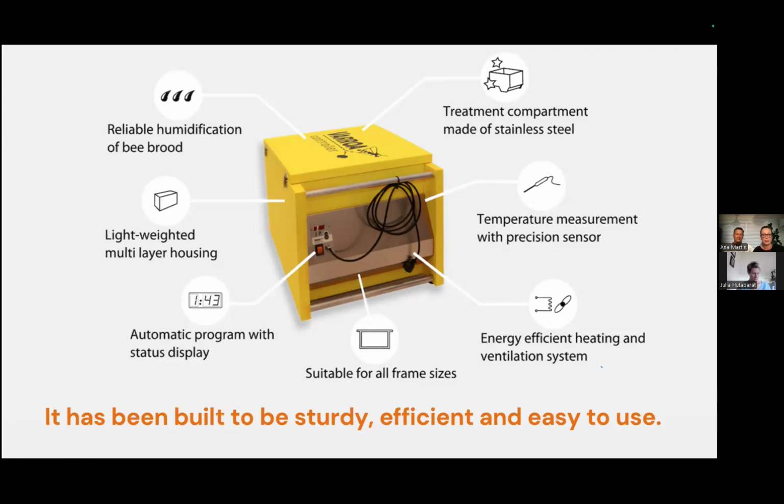The brood is kept at the hive temperature, so you're not drying or stressing or cooling that brood. You can feed every frame size, and the temperature control is a very delicate sensor, and the treatment goes only for 2 hours. That doesn't damage the bees, but it allows us to kill the mites, and it kills the mites within 24 to 48 hours of actually being in the controller.